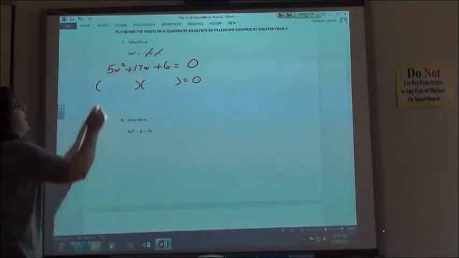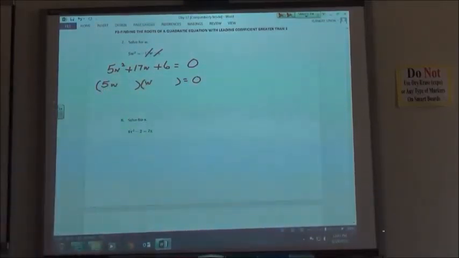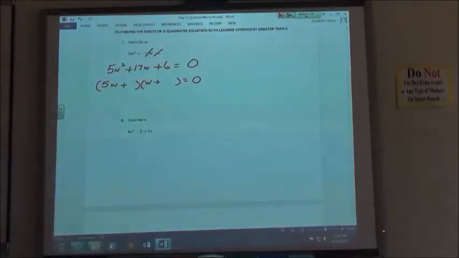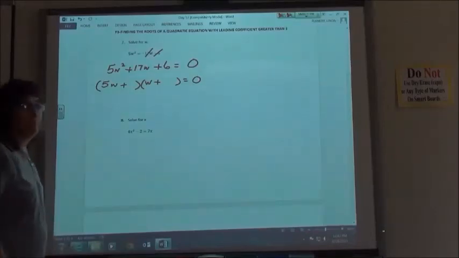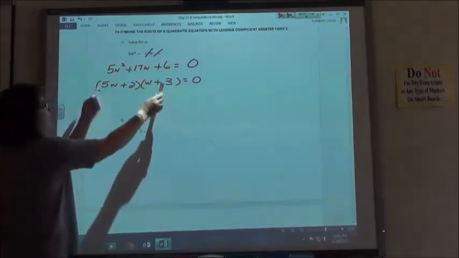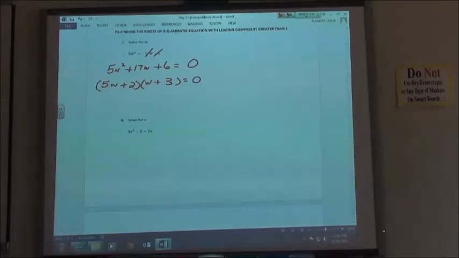So factors of 5w squared, 5w and w, or w and 5w. My signs, both going to be pluses. Factors of 6, I want to get 17 in the middle. What should I put in there for that 6? 2 and 3, so that I get 15w plus 2w, which is the 17w.